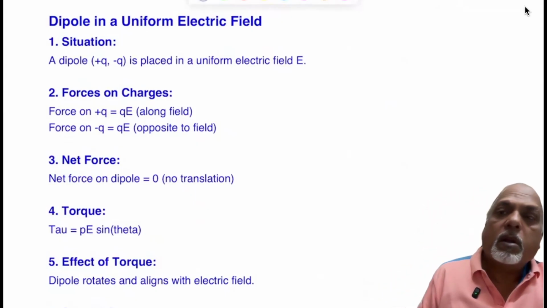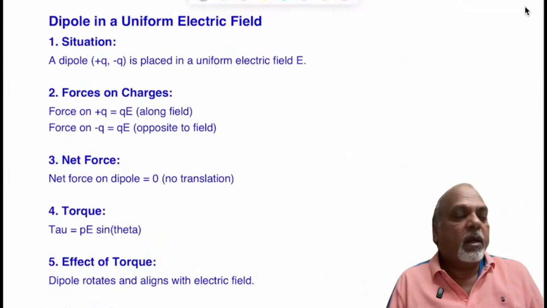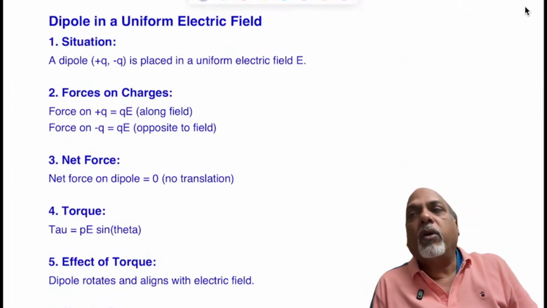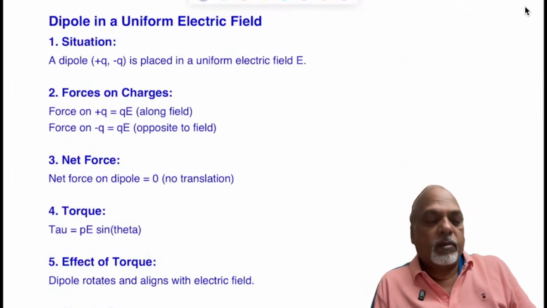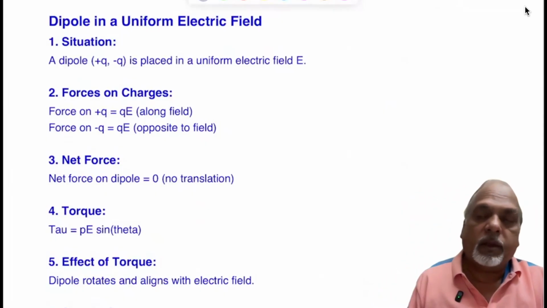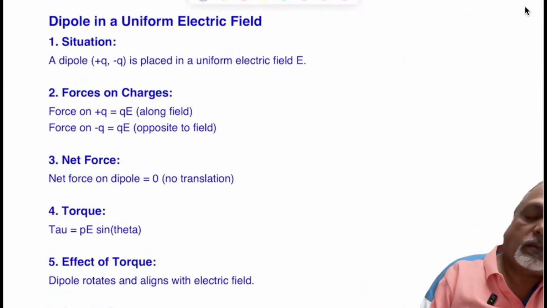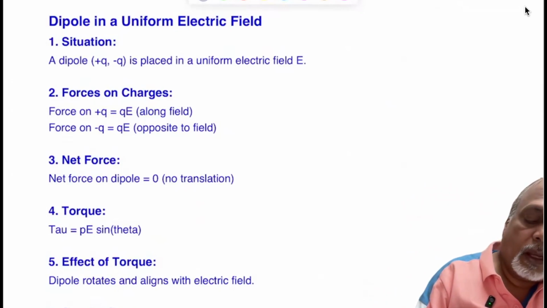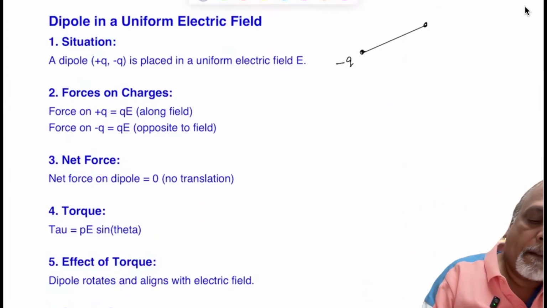Now, there can be instances where your dipole is in a uniform electric field, like this. Suppose your dipole is there, minus Q here, plus Q here, and we have an electric field direction like this.